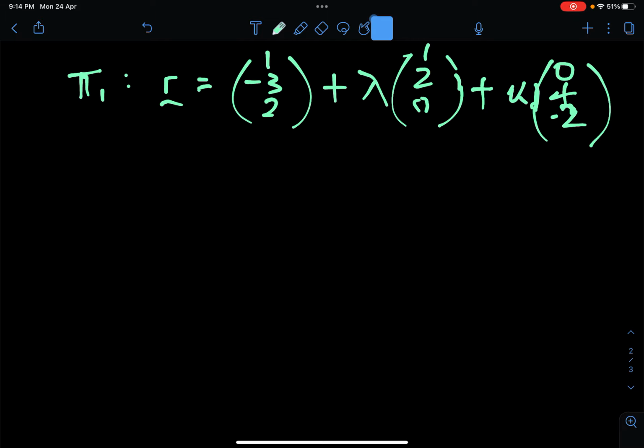Okay, so what does this mean? How do we interpret this format of the vectors plane equation?